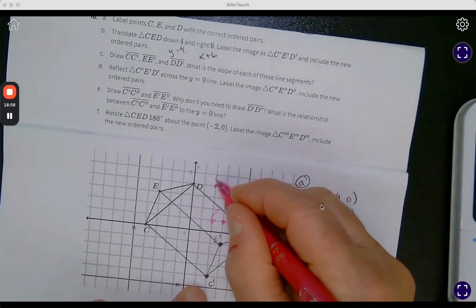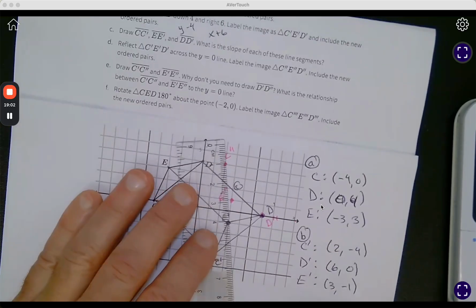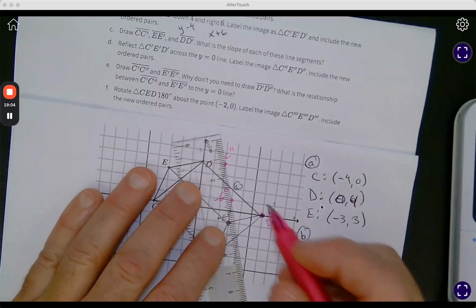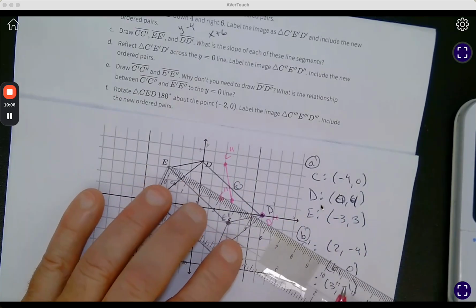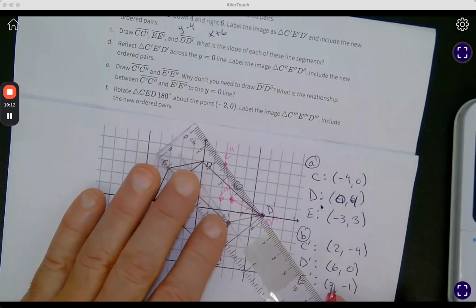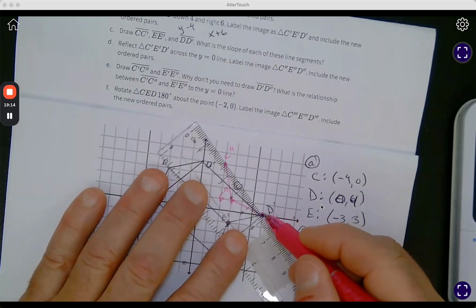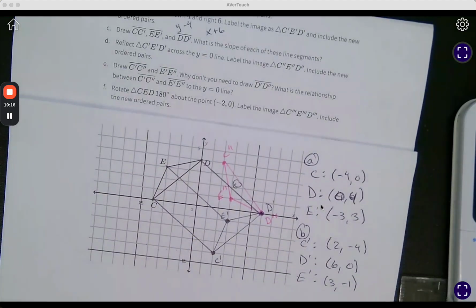And that's C double prime. And then let's connect it. Boom. All right, that's cool.